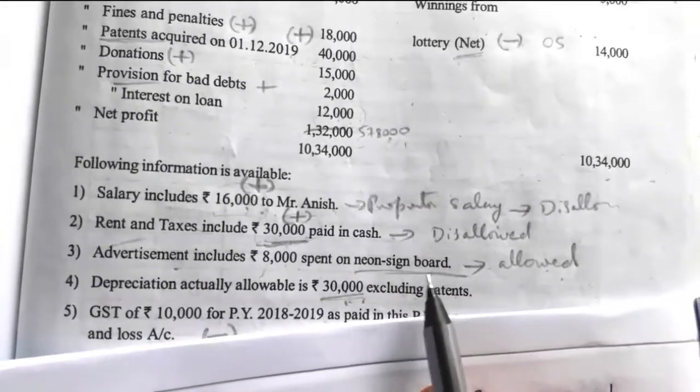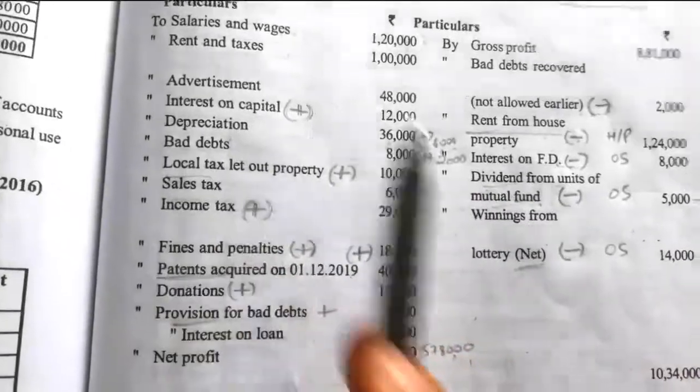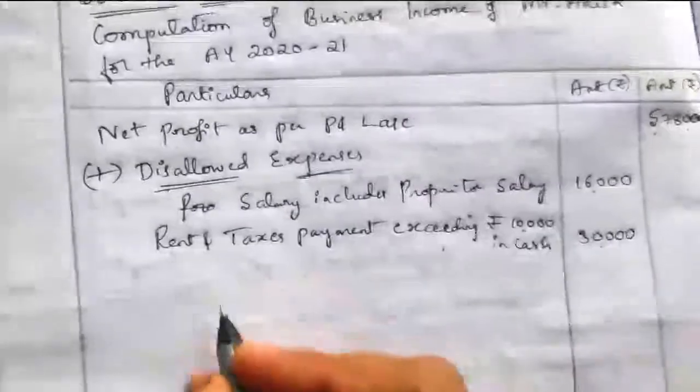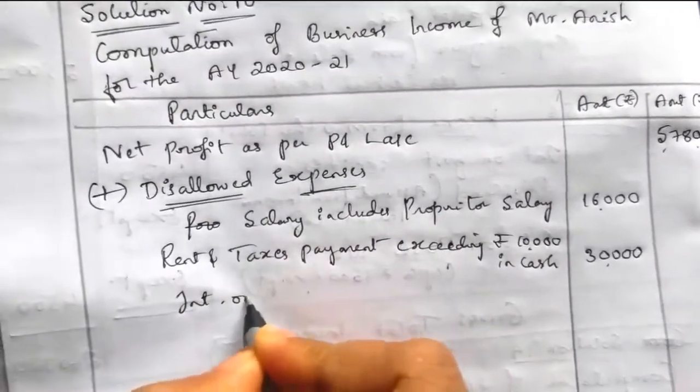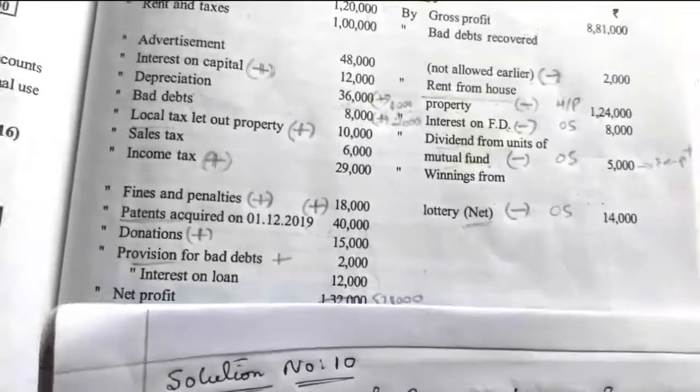Next is advertisement 48,000. It includes 8,000 spent on a neon signboard, so it is allowed, so ignore it as it is. Then interest on capital is disallowed, so interest on capital 12,000.